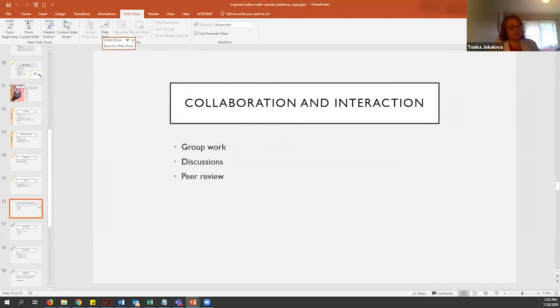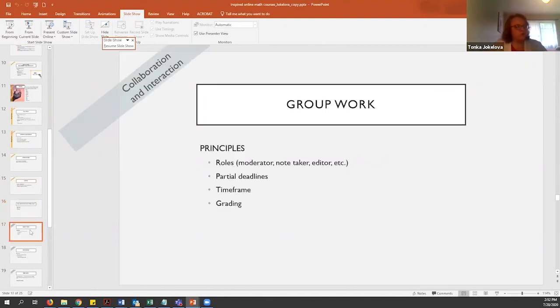Now let's talk about the group work and the discussion and the peer review that I promised you about. So group work, very important thing in group work is to be very structured, because if you just tell them, okay, now work in groups, they have no idea who's doing what, what is my function, what are we supposed to even research.